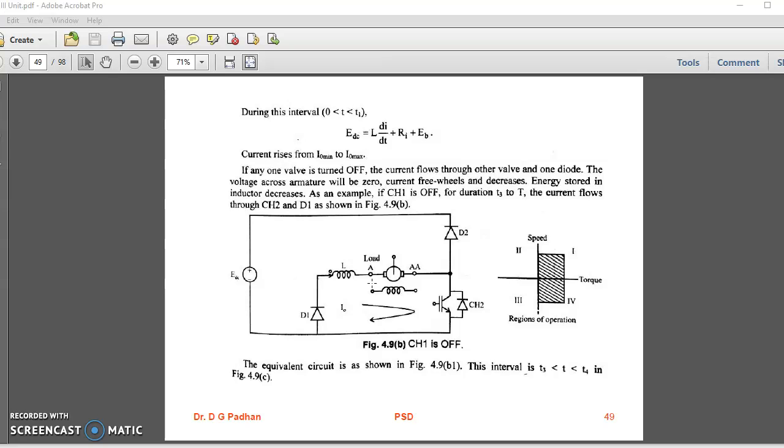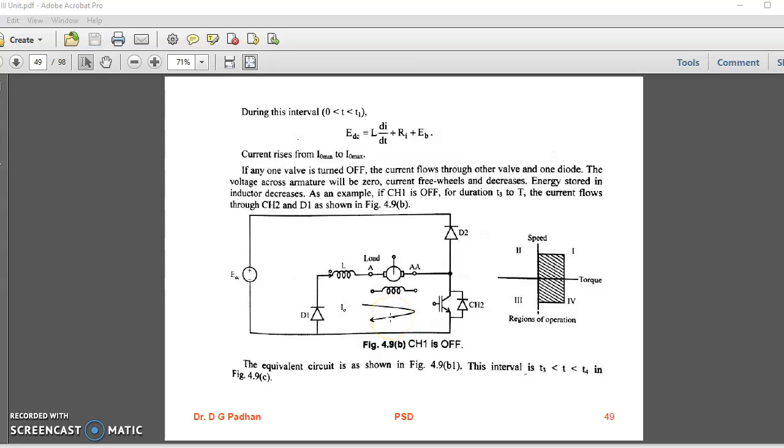Next we will see the freewheeling region. If any one of the choppers is turned off, the current flows through the other chopper and one diode. The voltage across the armature will be 0 volt, and the current freewheels and decreases. So the energy stored in the inductor decreases.